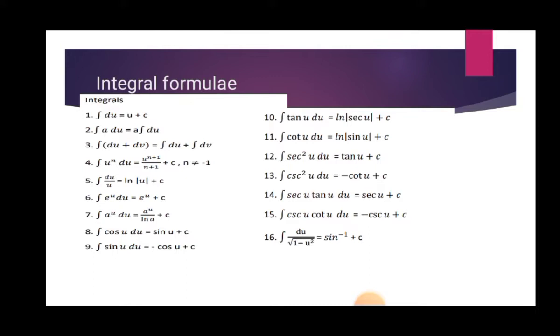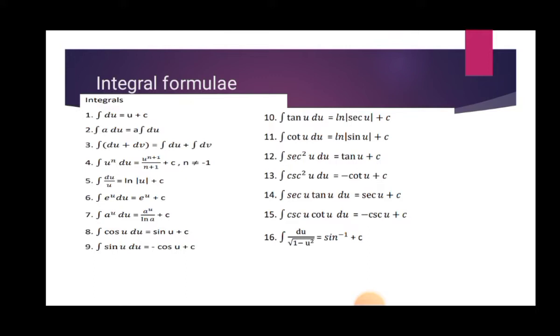Sixth is the integral of e raised to u du is equal to e raised to u plus c. Next is the integral of a raised to u du is equal to a raised to u over ln a plus c. Next is the integral of cos u du is equal to sin u plus c.